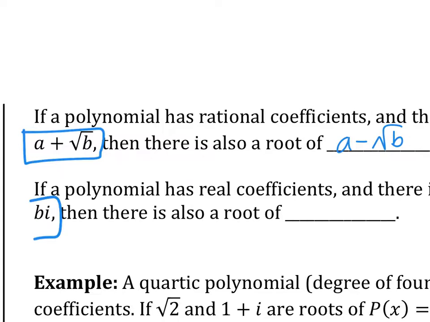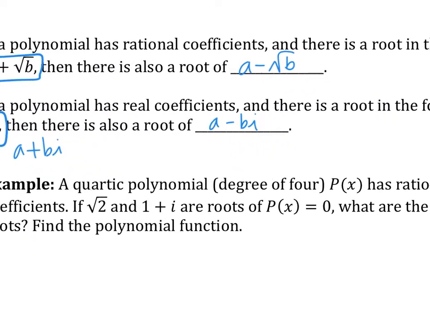If you see an a plus bi in a root, then you must also have an a minus bi. So they have to come in pairs. Only the square roots and the i's have these conjugates. All the other ones don't have conjugates. Okay, let's take a look.